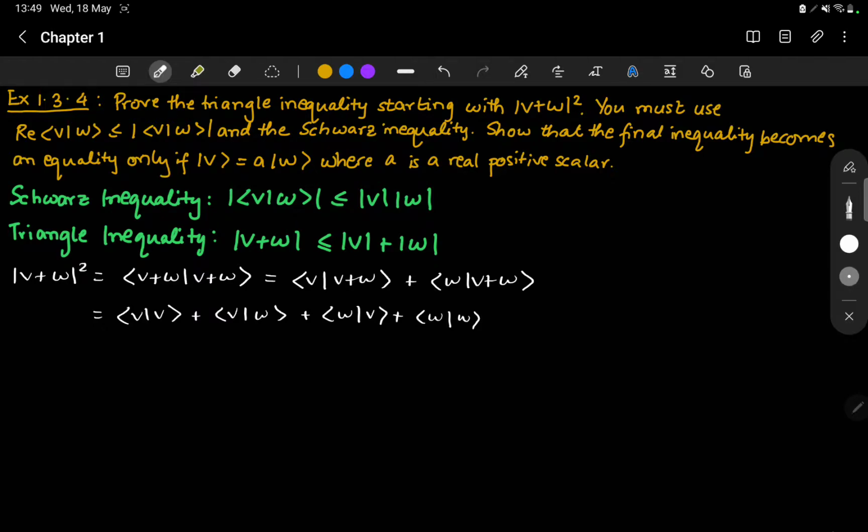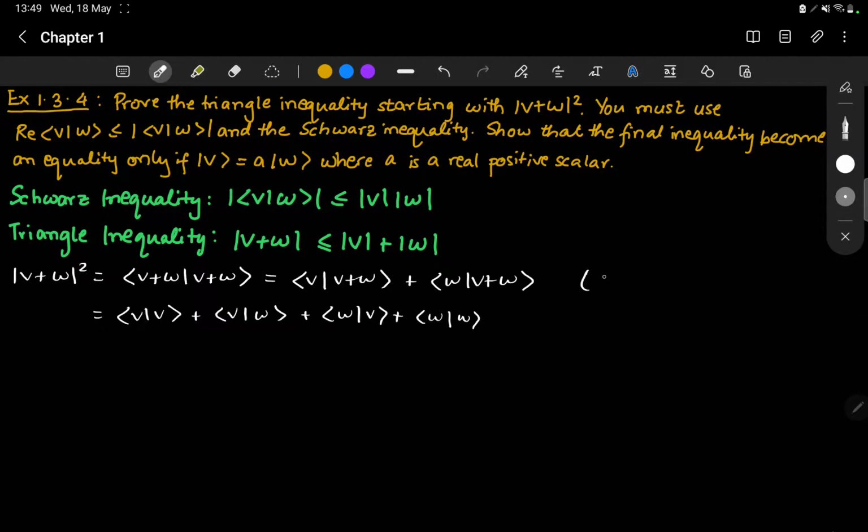This comes from the definition of inner product, how inner product works. So with inner products, there is this axiom. So I will just write down the axiom over here.